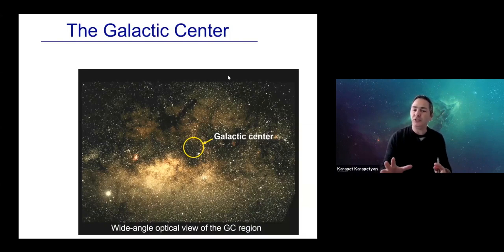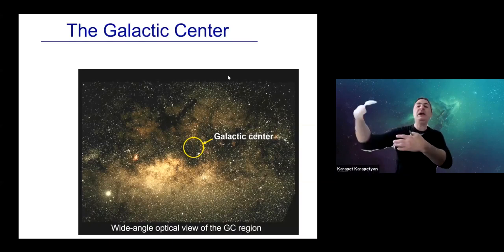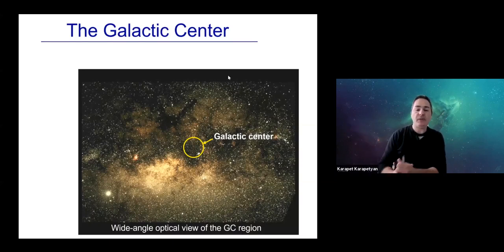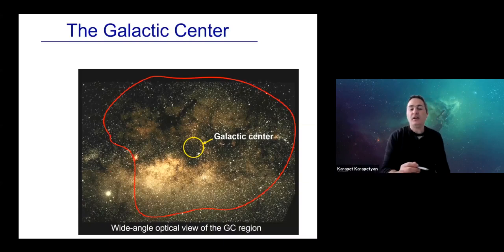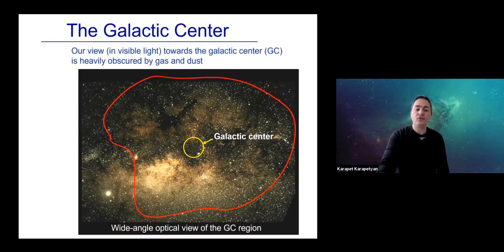There is so much gas and dust, and as we talked about before, gas and dust basically block all the light behind them. You can think of this region as very thick gas and dust that completely blocks everything in the optical spectrum.